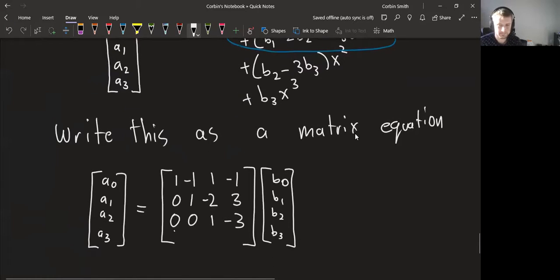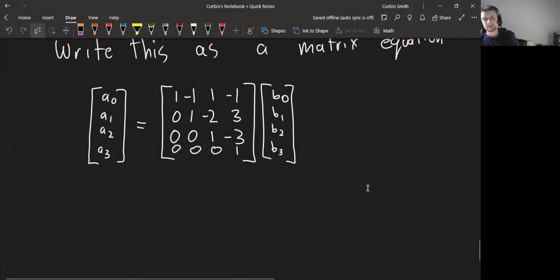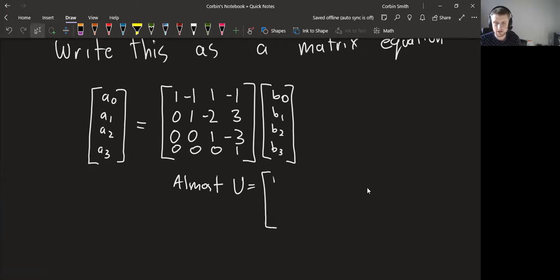There's a bunch of minuses, but if you remove the minuses, you get the upper triangular. This thing right here is almost U, right? U was our upper triangular matrix: 1 1 1 1, 0 1 2 3, 0 0 1 3, 0 0 0 1. Almost. It almost is.